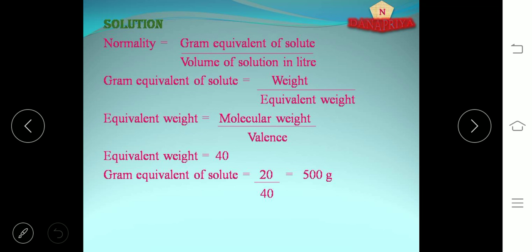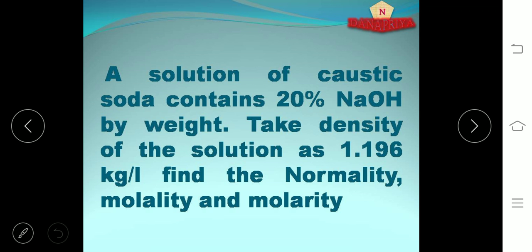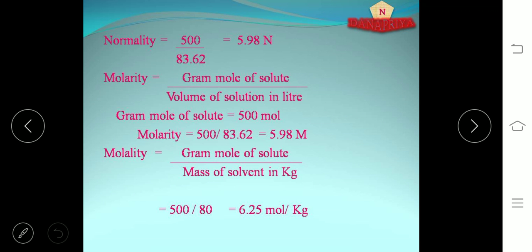Mass of the solution is 100 kg divided by the density value 1.196. Substitute the value, you will get 83.62 liter. Then on substituting these values in the normality formula, you get 5.98 N, that is the unit for normality.